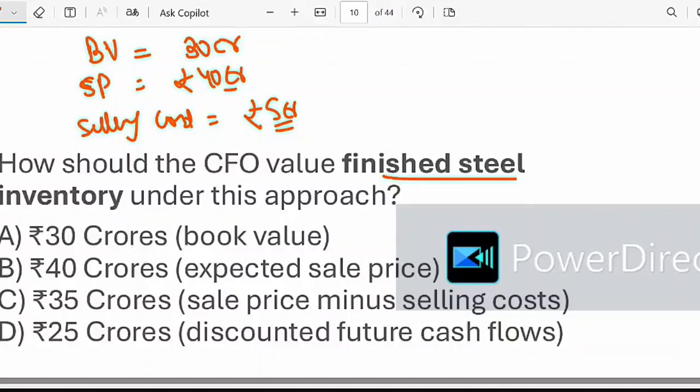Let me explain in the simplest way. Listen to my words very carefully, then only you will understand the concept. Suppose you are selling a car for 5 lakh. But to sell it, you need to fix a dent on the car.